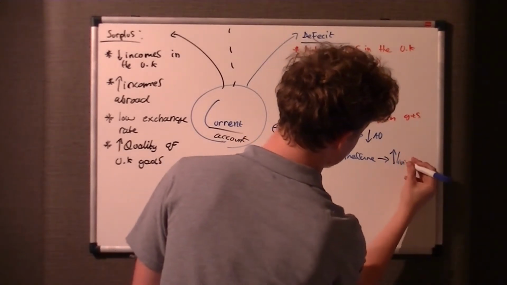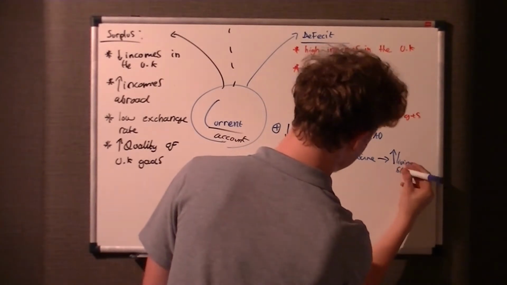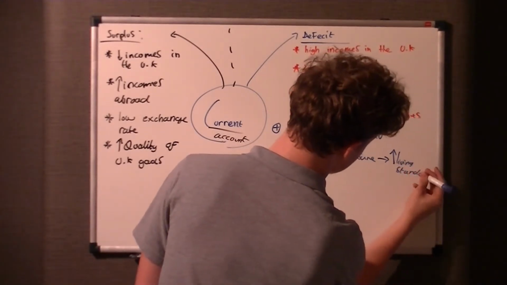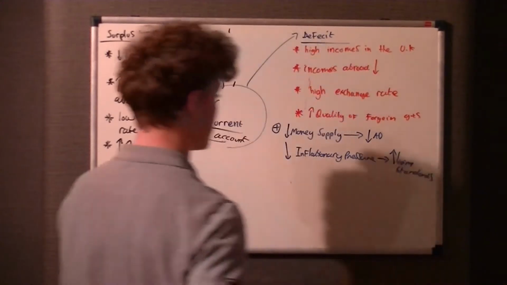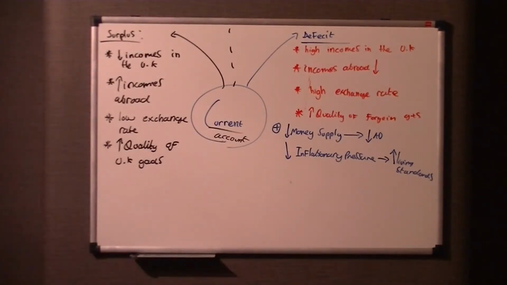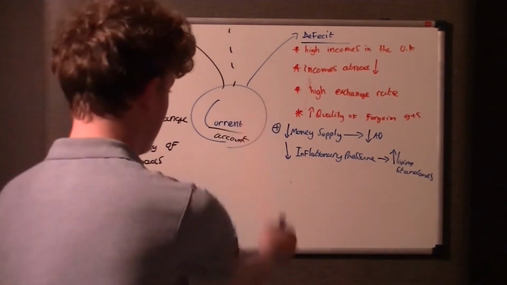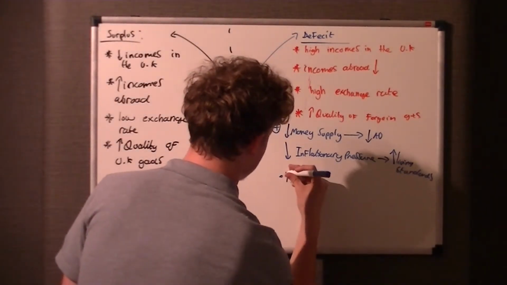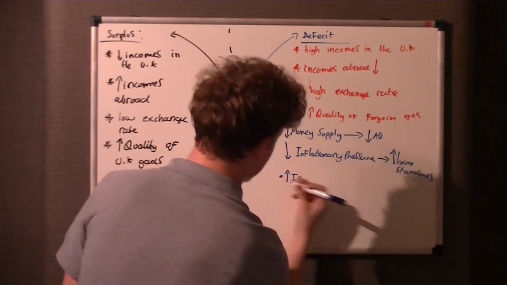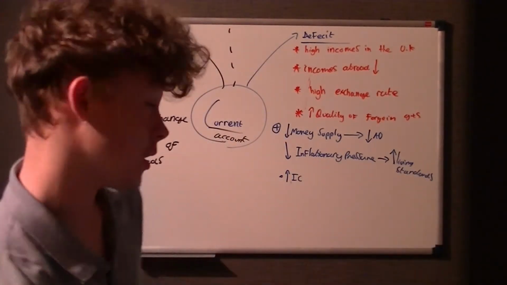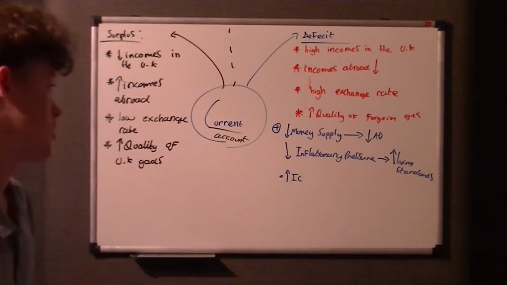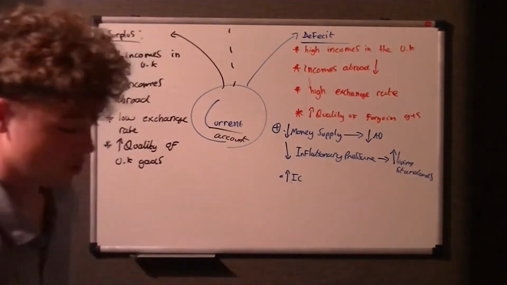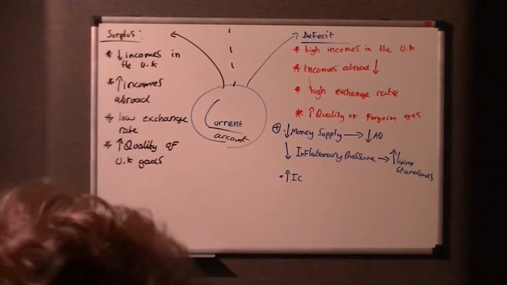Living standards generally increase in the economy. And if the prices fall in the economy, we are increasing our international competitiveness. So IC, which you could argue actually increases aggregate demand, but that's one you can talk about if you want to. So, what about a disadvantage?